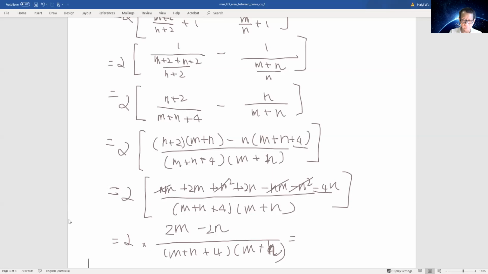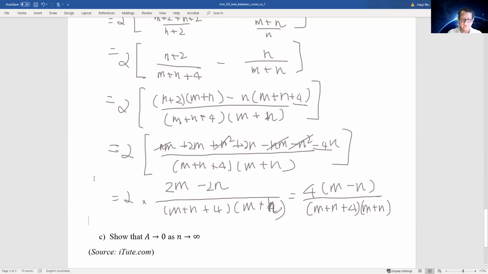So therefore the final will be 4m minus n divided by m plus n plus 4, bracket m plus n. So this is the area between the two curves in terms of m and n.